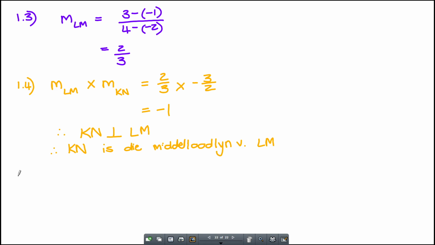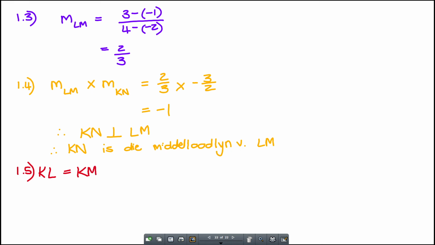But 1.5. By 1.5 sê hulle vir my, wat kan jy sonder verdere berekeninge oor driehoek KLM aflei? Wat kan jy vir my sien? What type of triangle is this? Wat se soort driehoek is dit? KL is gelyk aan KM.